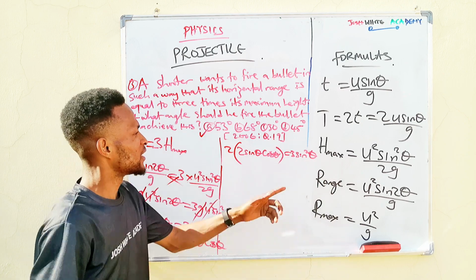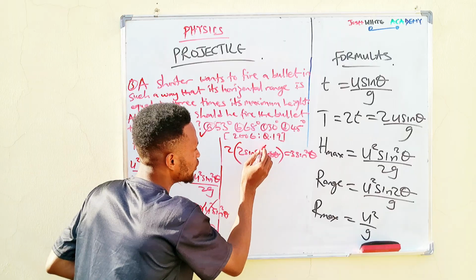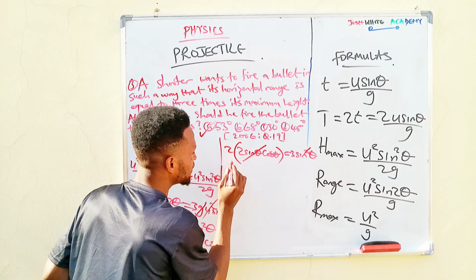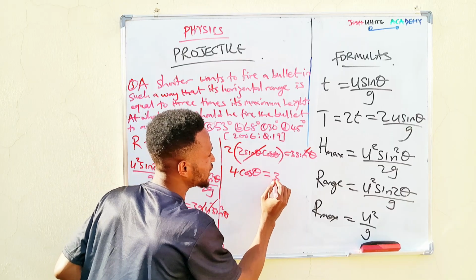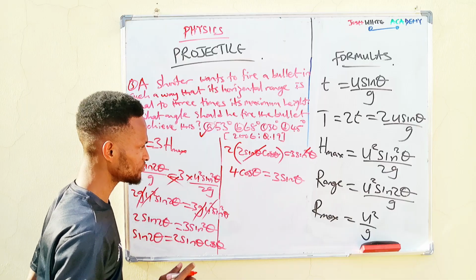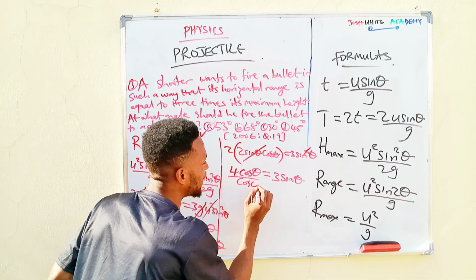Please take note, sine square theta means sine theta times sine theta. So sine theta here will cancel one of the sine theta. So this is 4, 2 times 2, 4 cos theta is equal to 3 sine theta, because one of the sine theta has gone. So from this point, we will divide both sides by cos theta.